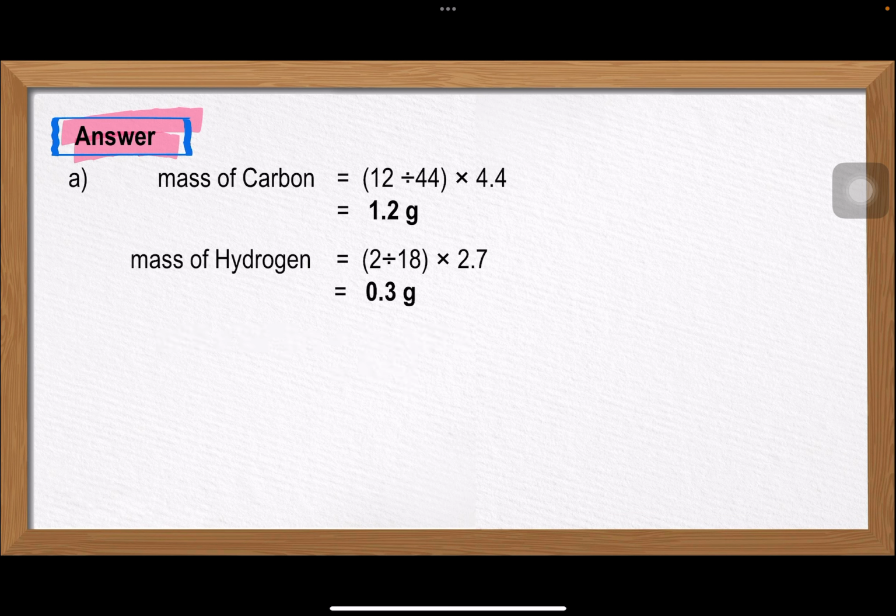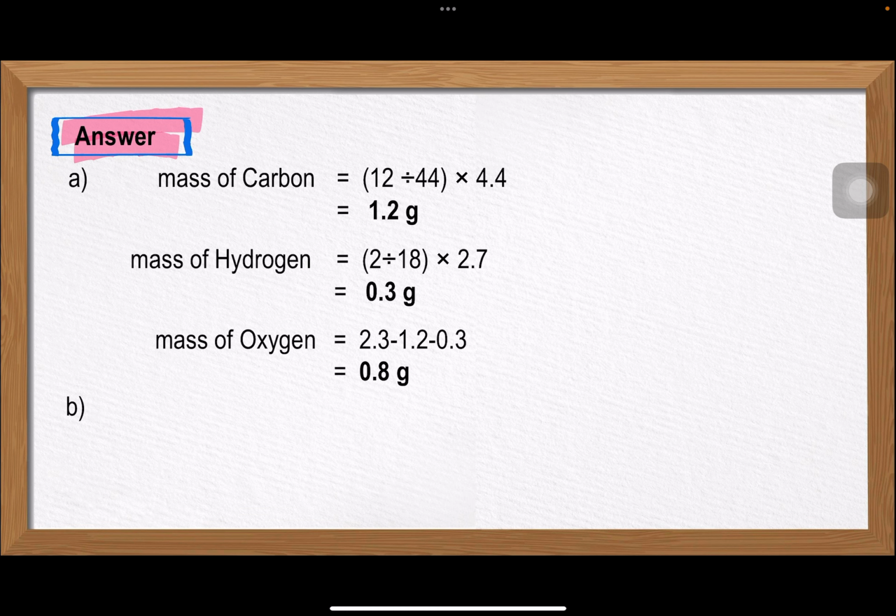And then when you already get the mass of carbon and hydrogen, you can get the mass of oxygen by subtracting the mass of carbon and hydrogen from the overall sample. So 1.2 gram for carbon, 0.3 gram for hydrogen, and you can get 0.8 gram for oxygen.